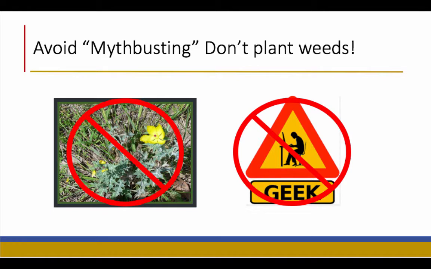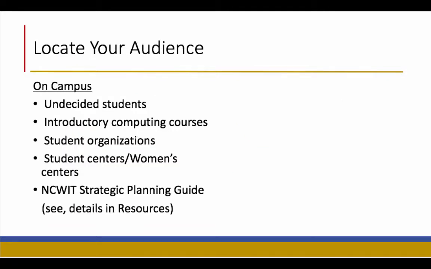When you think about where to get your messages across, where to locate your audience, well, you should start by thinking about places on campus where you might have access to some of these audiences. So, for example, your undecided students in your intro courses, in service courses.